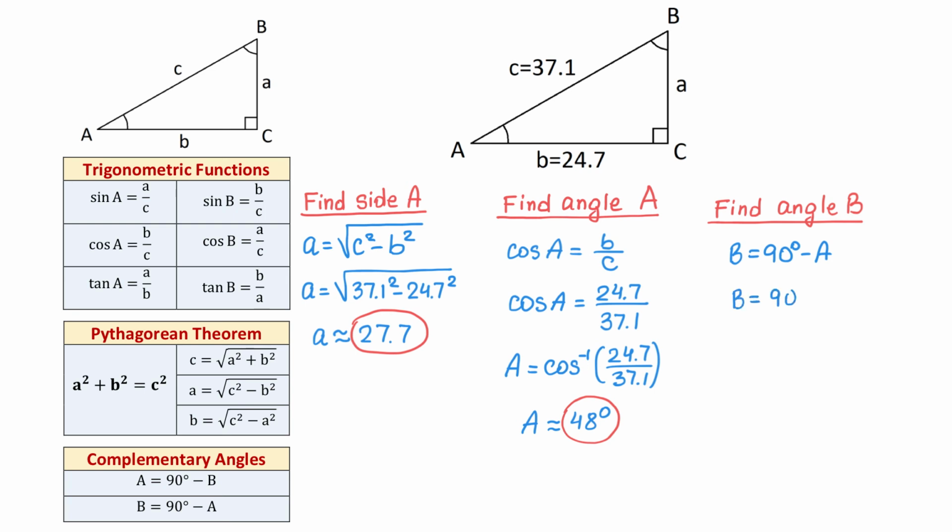So we will have 90 degrees minus 48 degrees. Then angle B will be equal to 42 degrees. And now we have side A of 27.7 units, angle A of 48 degrees, and angle B of 42 degrees.